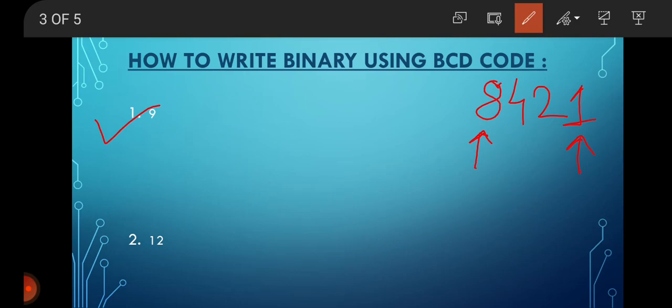Therefore put this 8 as 1 and this 1 as 1 and remaining is 0. Therefore this corresponds to 1001.